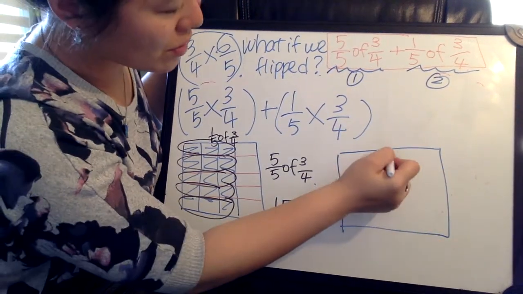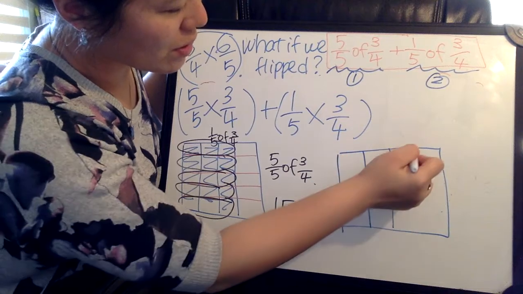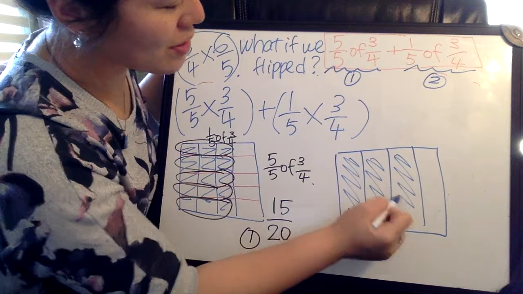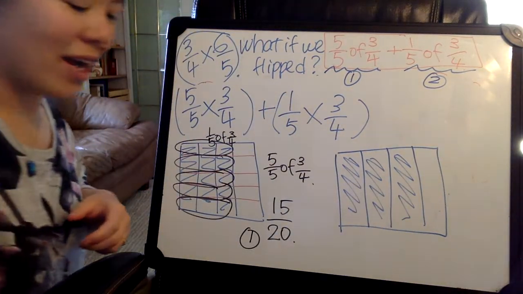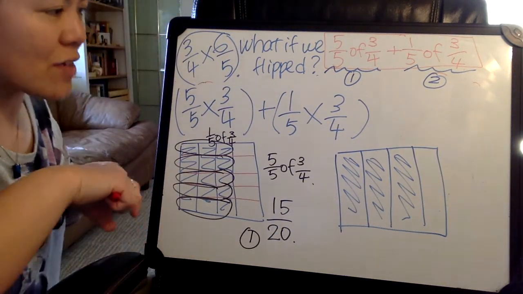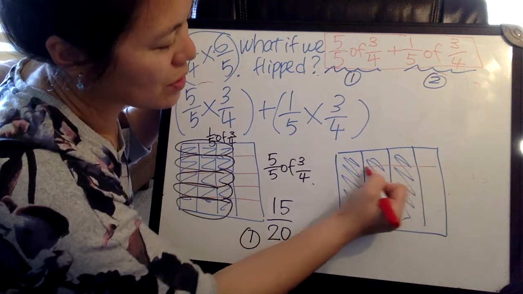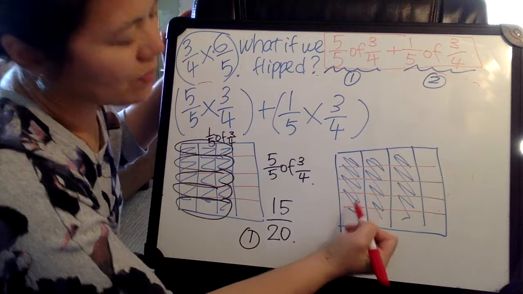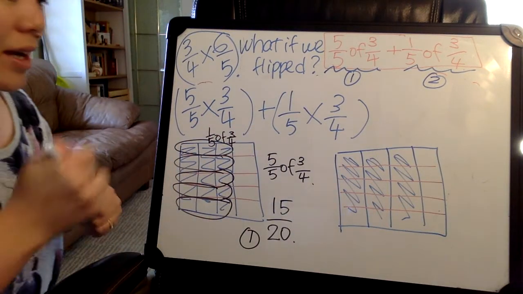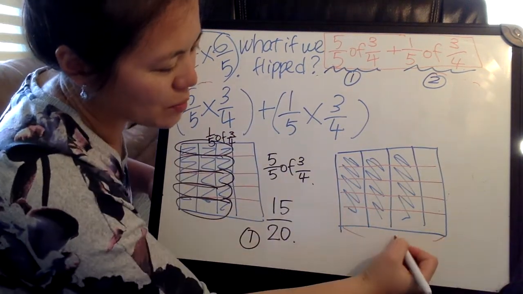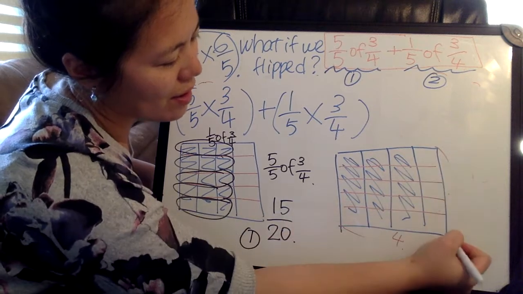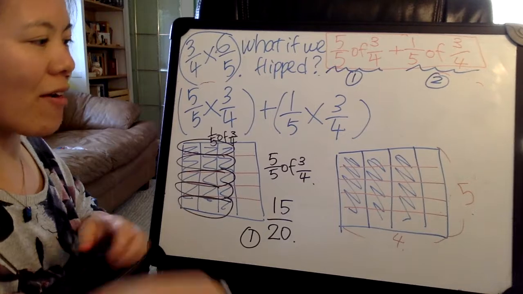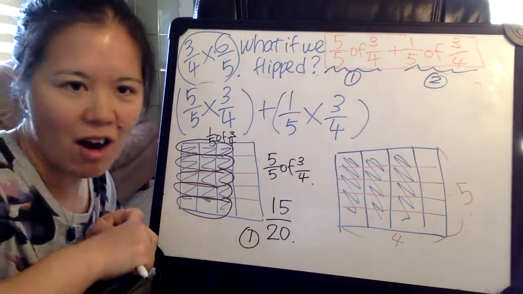So I'm coloring in my 3/4. I will divide my area model into 5 equal parts. And you can see that this part I have 5, like that. Now I want to figure out what is 1/5 of 3/4.